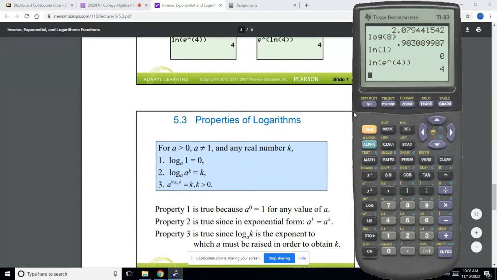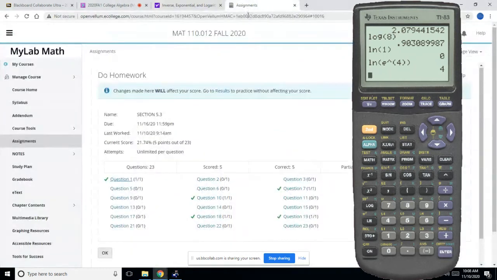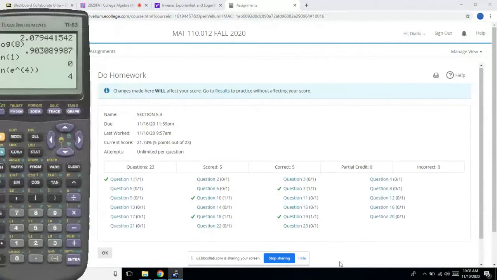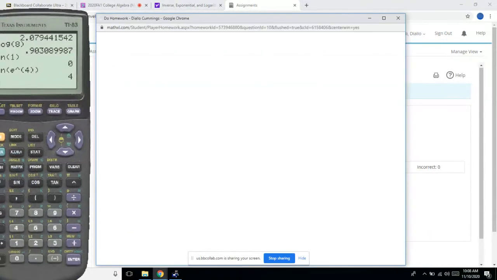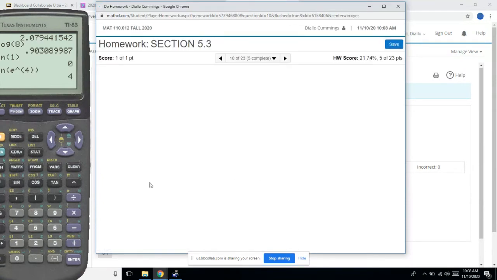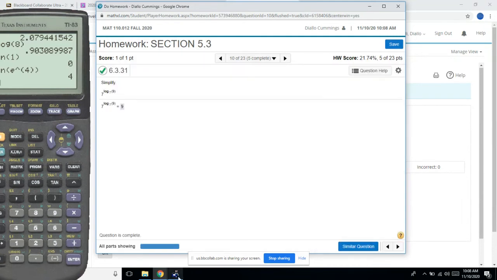All right. I'm going to go back to our homework problems and we'll take a look at problem 10. And I'll generate another example.